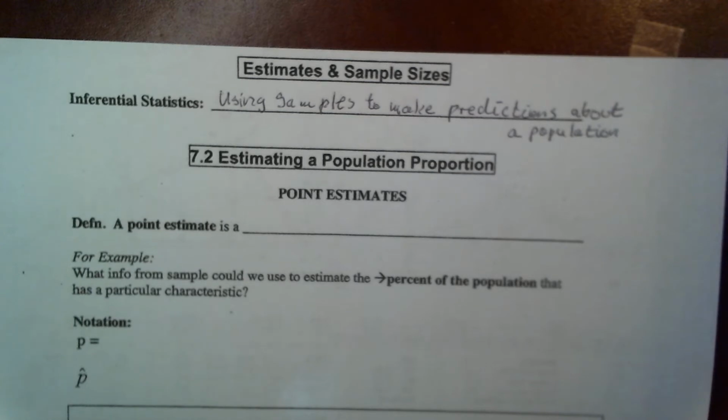The first population parameter would be the population proportion. And so let's define a term here called a point estimate, and that's a word that will come up repeatedly.